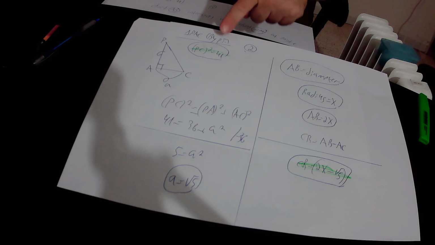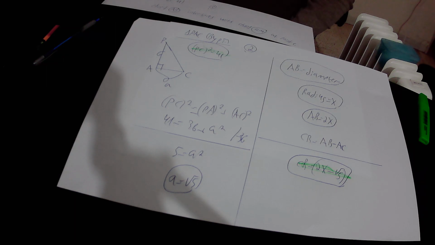PC square is 41, so 41 equals PA square. PA is 6, therefore PA square is 6 squared, that is 36, plus AC square. AC is a, therefore AC square is a squared. So we found out that 41 equals 36 plus a squared. Here we subtracted 36 from both sides and found out that a squared equals 41 minus 36, that is 5.